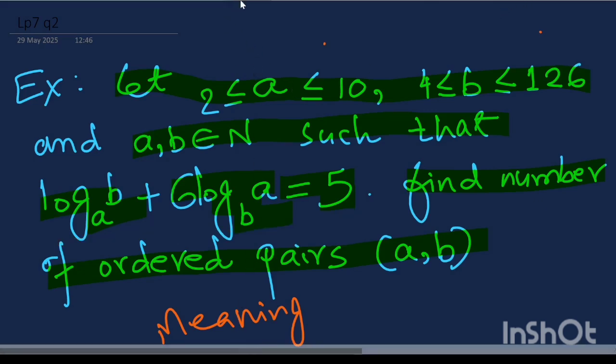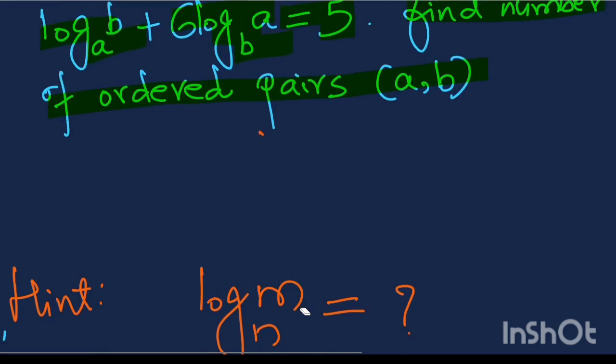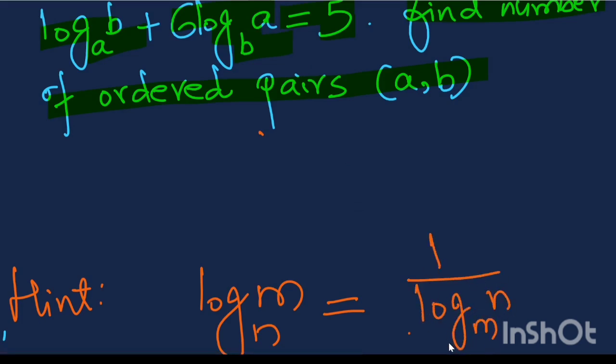Now how will we solve this, guys? That is the hint part. So we will use a property: log m base n equals what, guys? Any guess? Yes, we will use the property log m base n is equal to 1 upon log n base m, the base and argument interchange property.